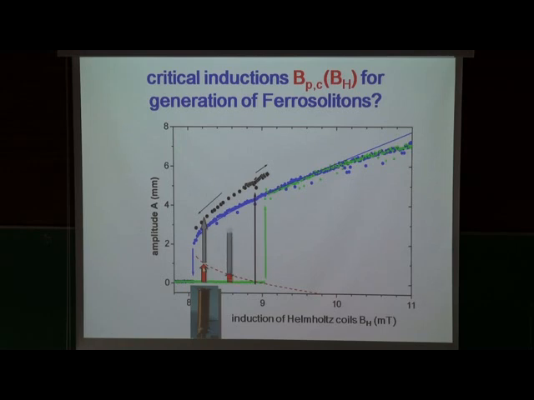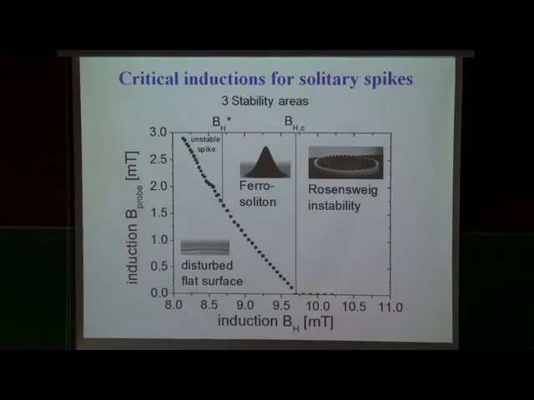And you can ask what is the critical induction of this additional field, of this probe field, P, as a function of the overall Helmholtz coil field. And this we have done as well.